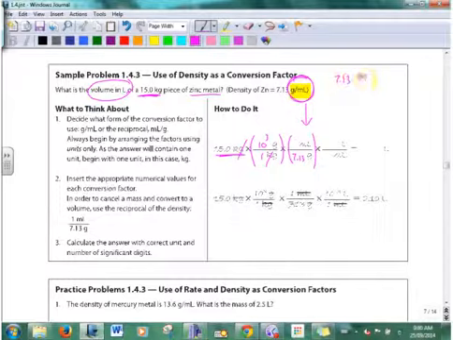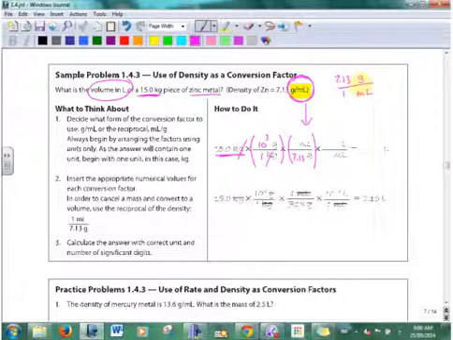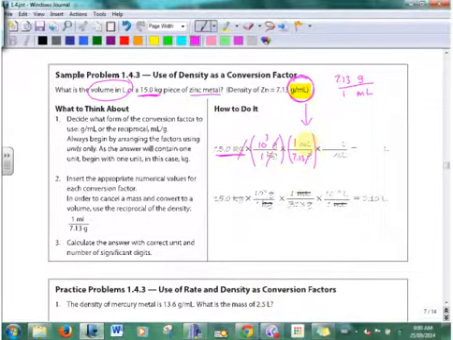If I write this like I would like to visualize it, that's what it says, right? That's density. 7.13 grams in every 1 milliliter. Doesn't matter if I write it like that, or in this case, I got to write it upside down because I got to cancel out grams. Grams are gone. This is now in milliliters. That's the only unit I have.